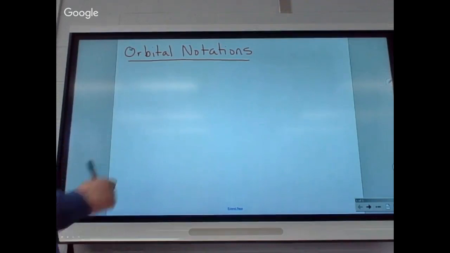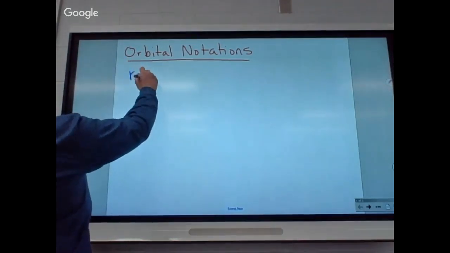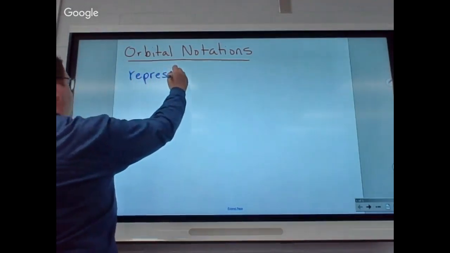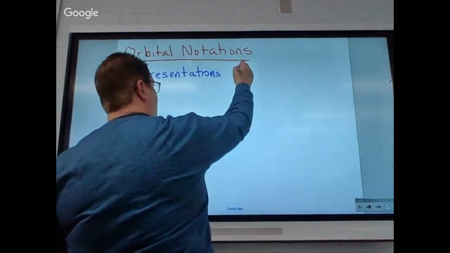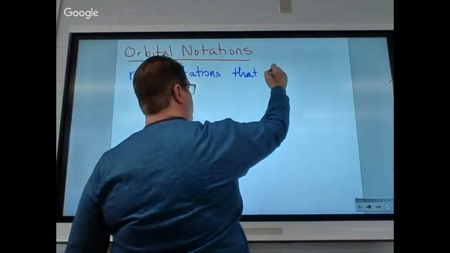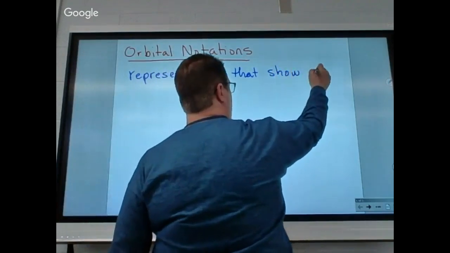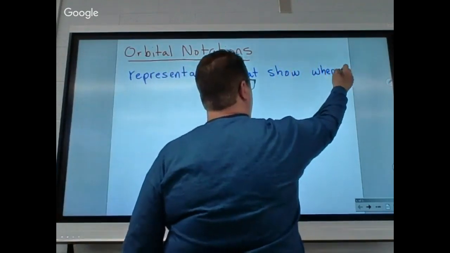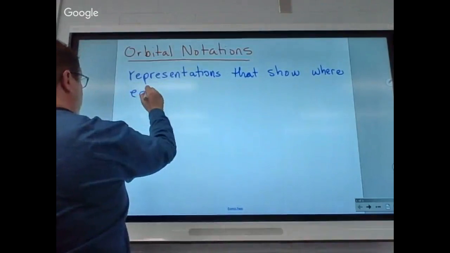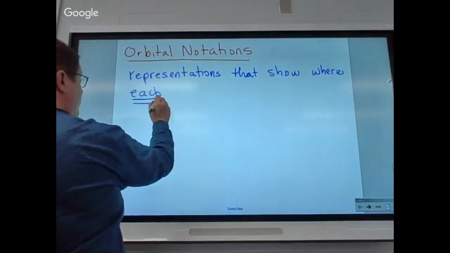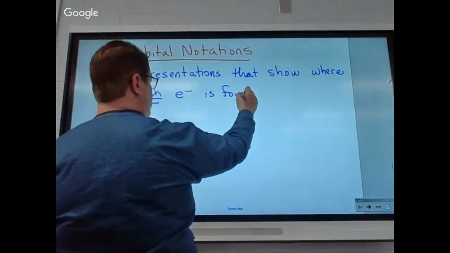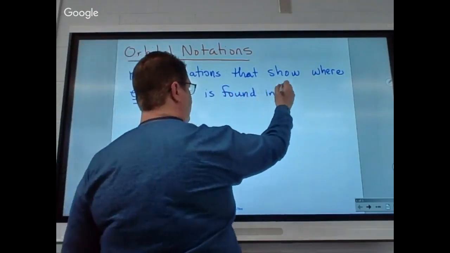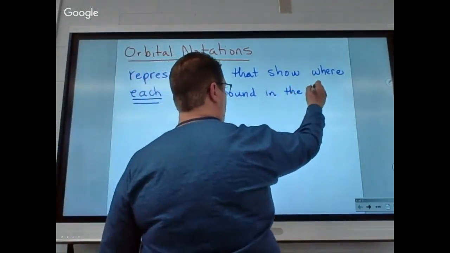Orbital notations are representations that show where each electron is found in the orbital.